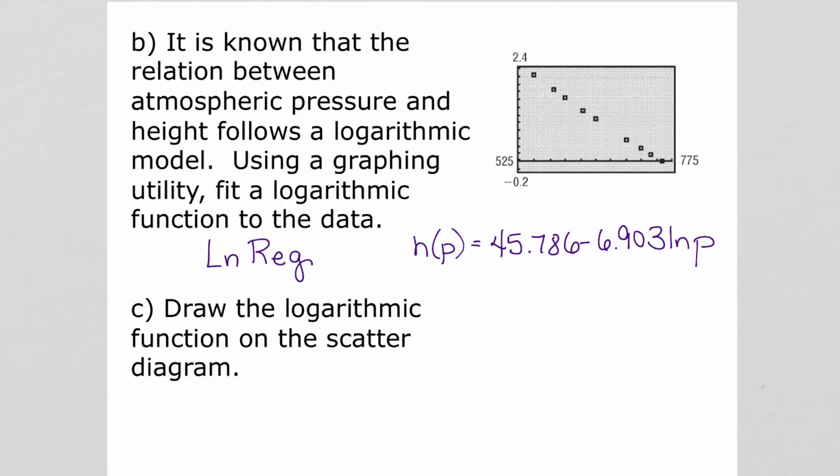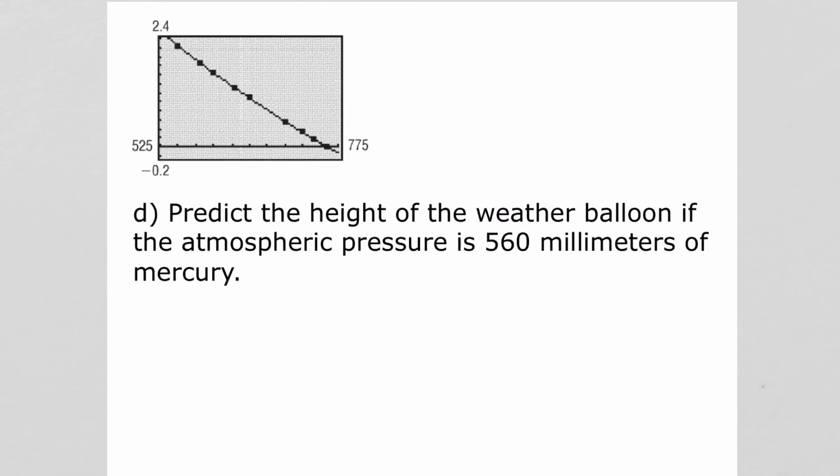It says draw the logarithmic function on the diagram. So as long as you saved it under y sub 1, you can see it does fit very well. And then predict the height of the weather balloon if the atmospheric pressure is 560 millimeters of mercury.